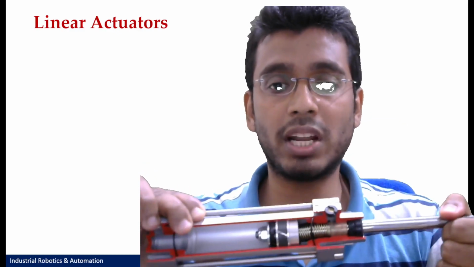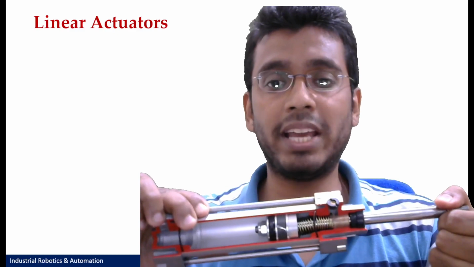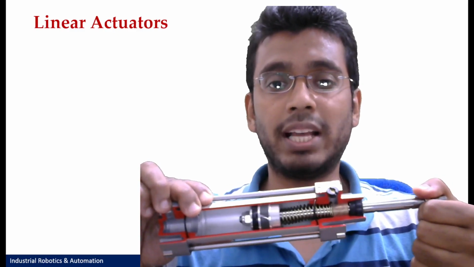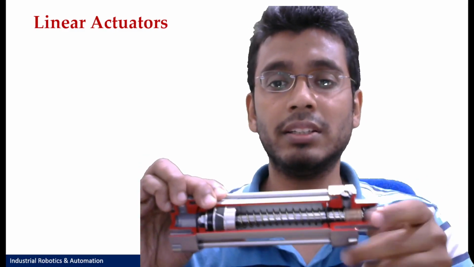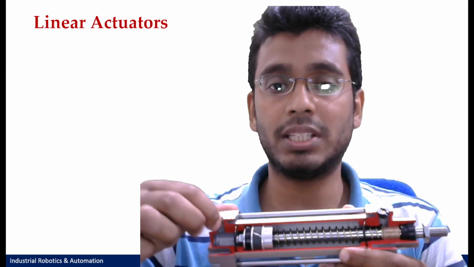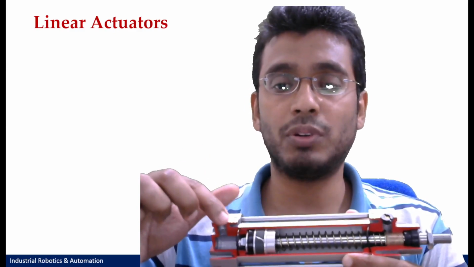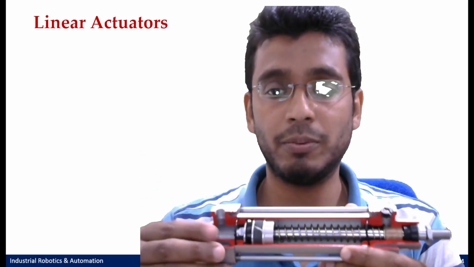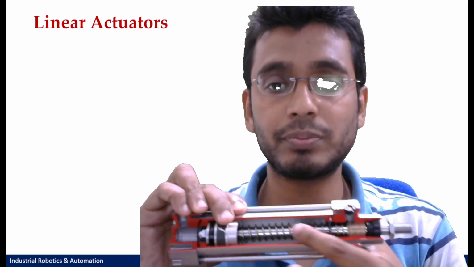To release it, I don't have to apply any pressure from this side, because this is spring return. Through the spring action it will return, and when it is returning, the air, in this case not compressed air but just uncompressed air, would flow back through the line. Here, this is called a piston rod in between.